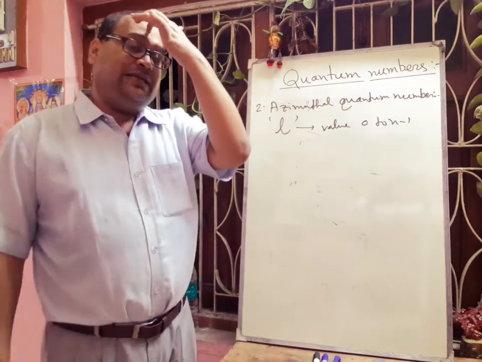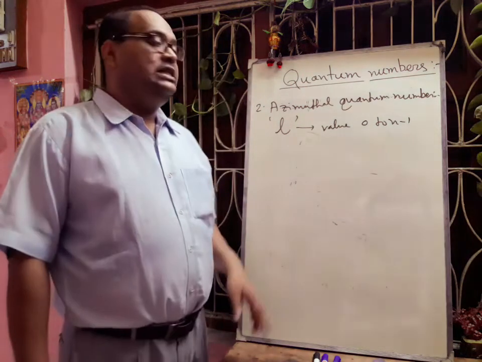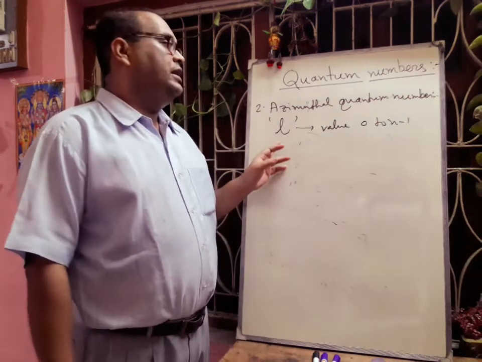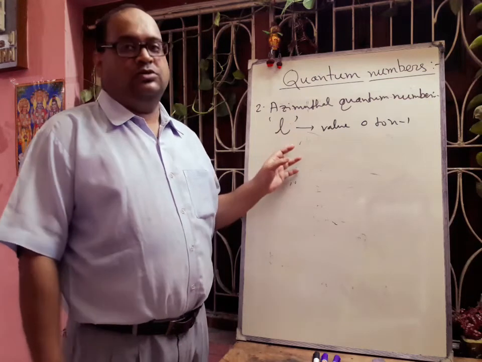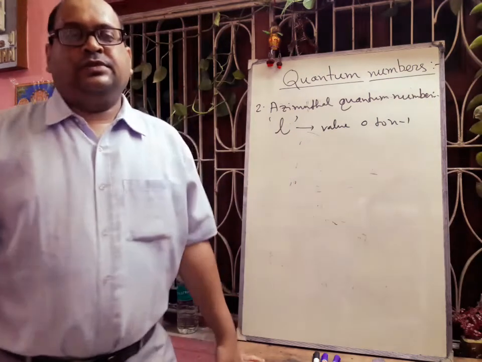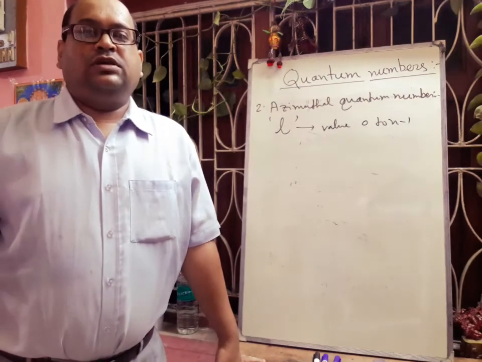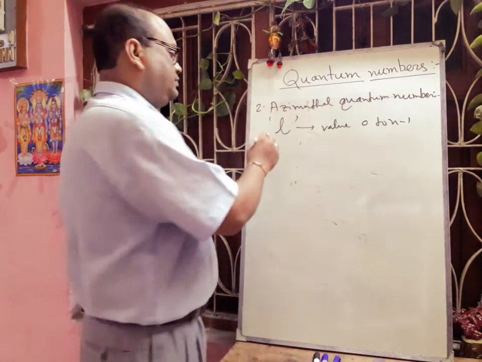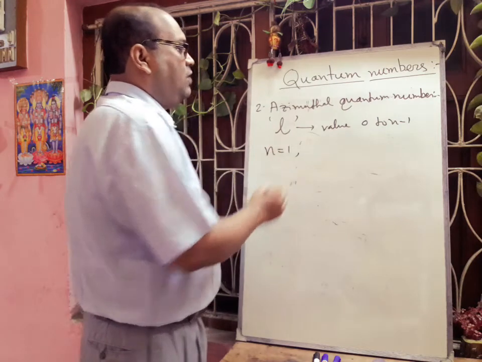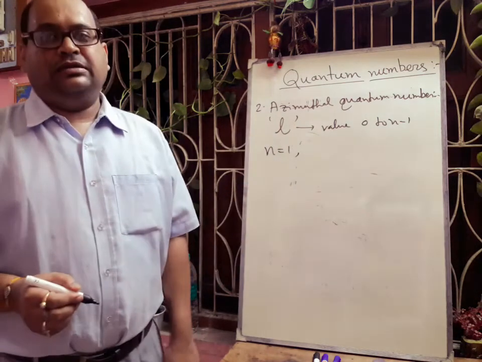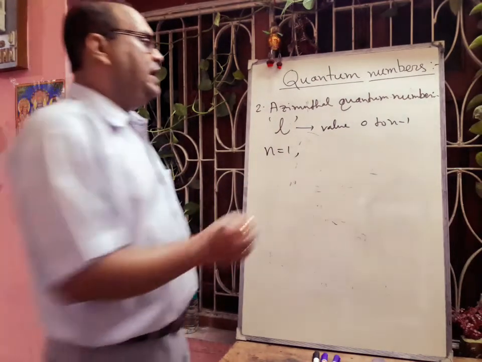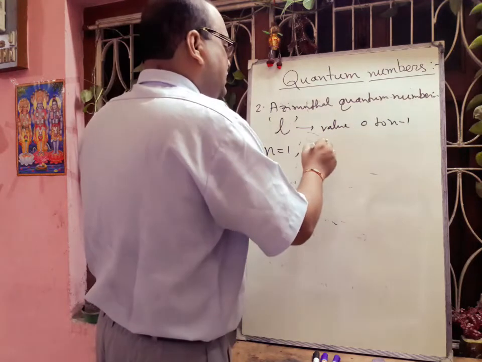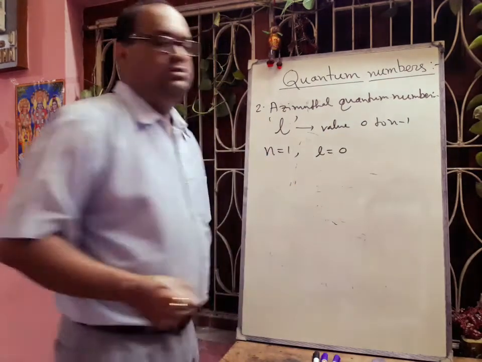Then we will take one example so that we can easily understand these l values. Suppose n is equal to 1, then what will be the values of l? Values of l will be 0 to n minus 1, that is, the l value will be 0.